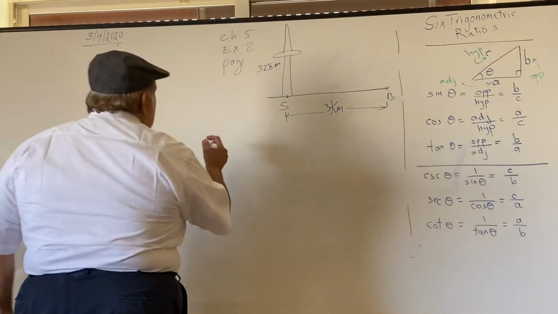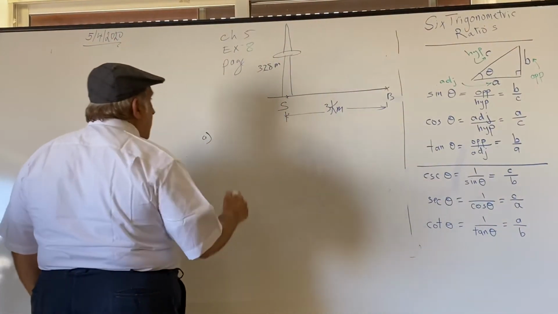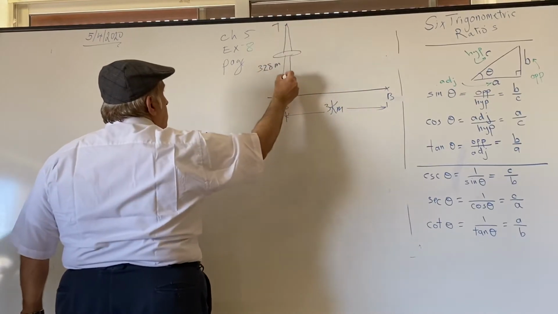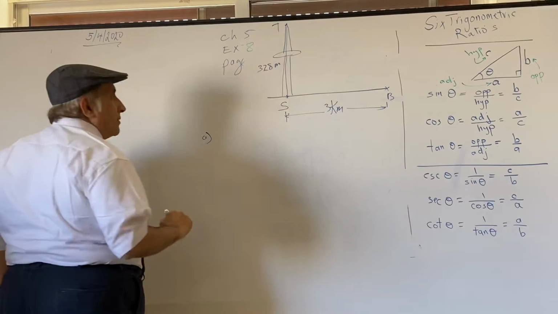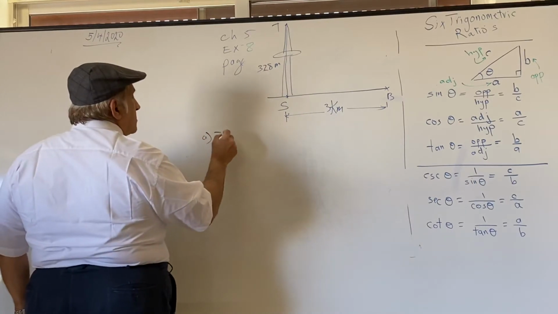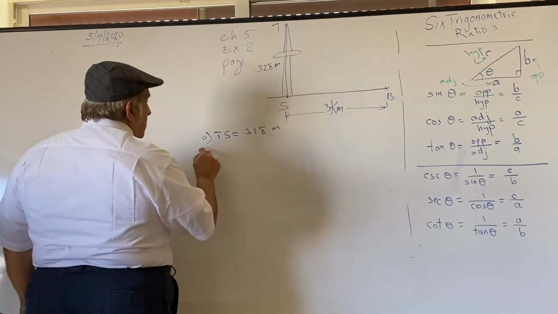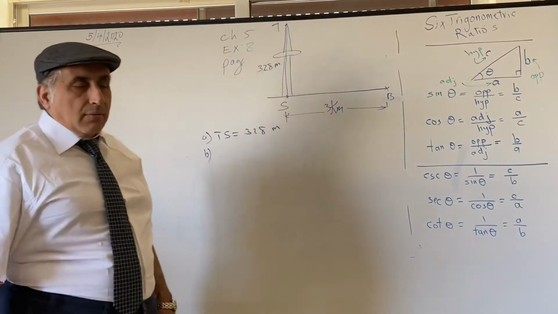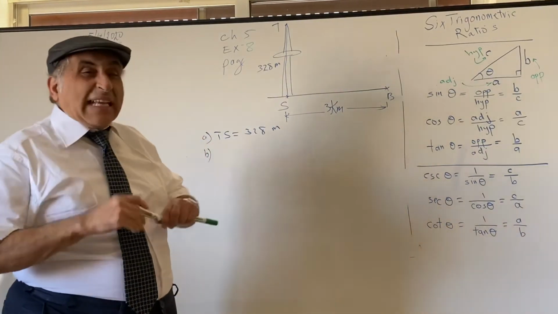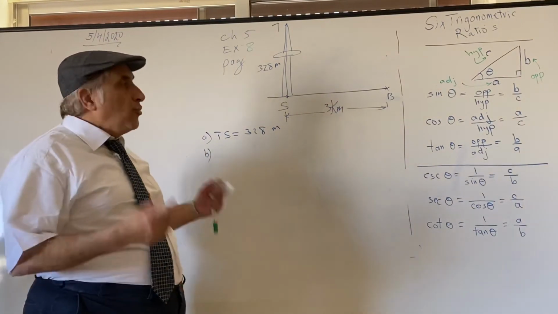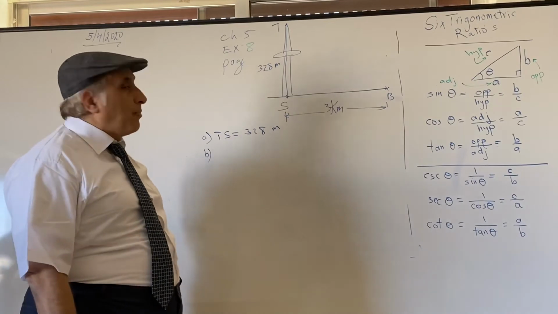I know it seems very silly, but the height of the tower is the vertical distance. This is called height. And TS is simply 328 meters. Sometimes reading the question and understanding its English is the key to get into anything. If you don't understand English, sometimes we have a problem.